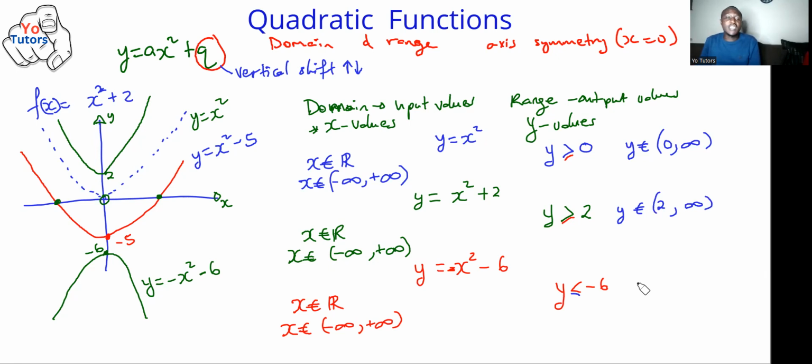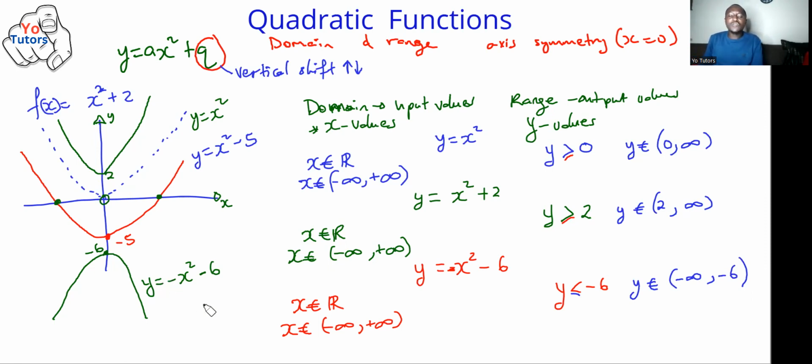Then in this case here, y is an element of from negative infinity to negative 6. That's how we write it. So in this case here, we are starting from 2 going up, so the positive infinity is going to be up. But in this case, on the negative 6, we are starting from negative infinity up until negative 6. That's where we end. Okay, that's what it means here.